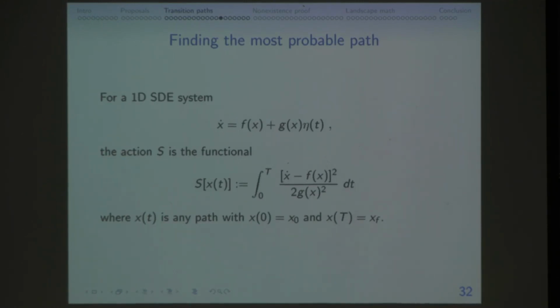So okay, what is S then? Turns out if you do some legwork, for example, for a one-dimensional stochastic differential equation model, S turns out to be this functional in terms of the deterministic part of the dynamics and the thing that controls the fluctuations, f and g. And you can generalize this to more than one dimension.